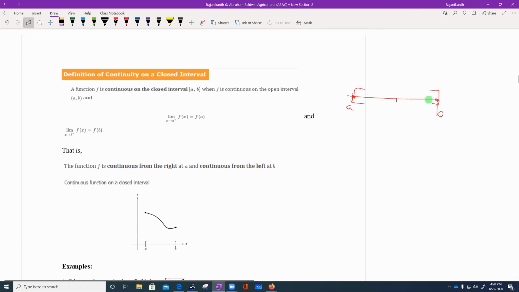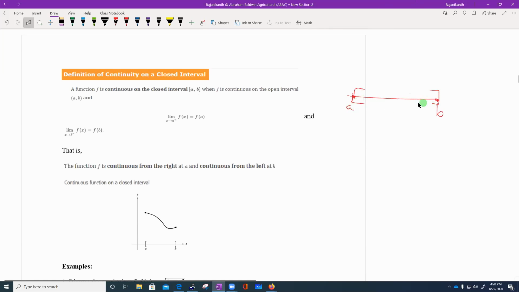Okay. Remember, we are interested in this interval. We don't need anything outside of this interval. That means we don't care about the left side of A. We care only about the right side of A, because the right side of A is the only region we have within the interval.